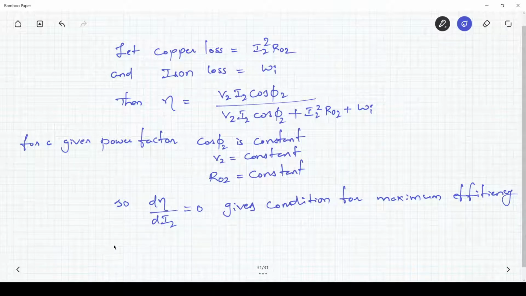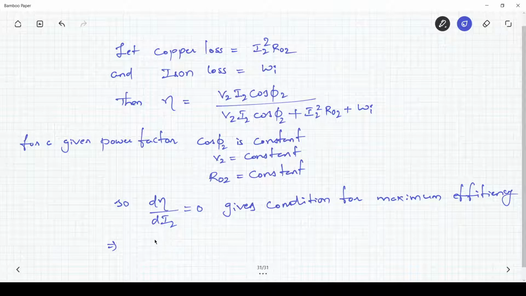So differentiate this efficiency equation with respect to I2. The derivative of u by v is v into derivative of u minus u into derivative of v, divided by v square, and I will equate it to 0.